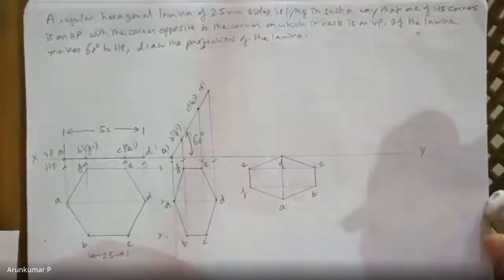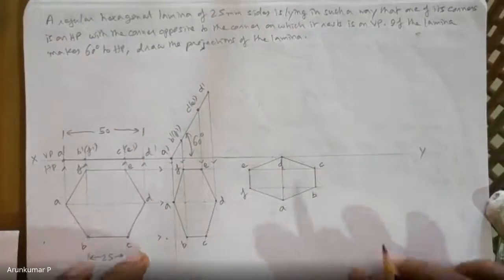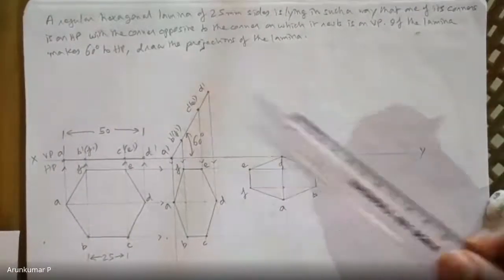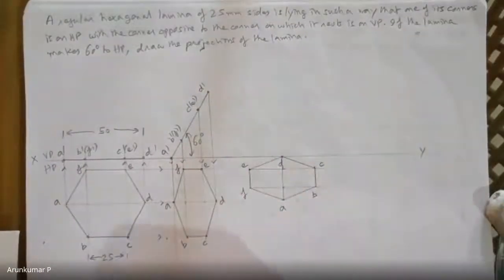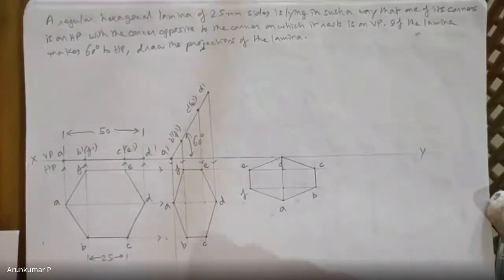So this is purely by using the scale how you can locate the points. By using the rounder, I can also do it, but I've just shown you an alternative.